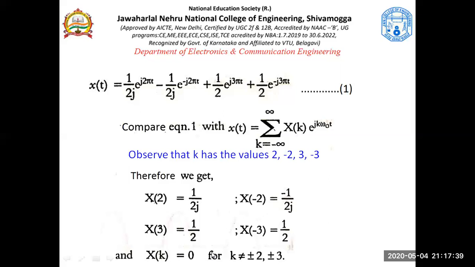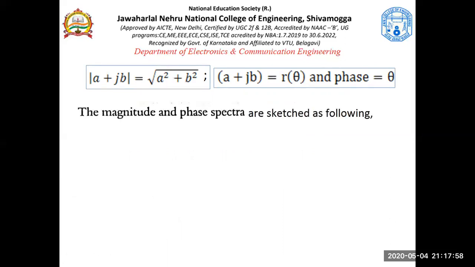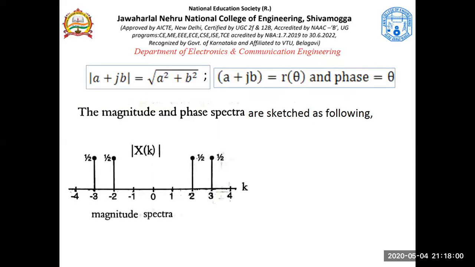Now how to plot this? Again, this is the magnitude and this is the phase information we are obtaining. So convert it into r theta form. R is your magnitude and theta is your phase, or you can do square root of a square plus b square to get your magnitude. Doing that, we have obtained our magnitude and phase spectra to be this. One thing that you should observe here is we have 4 components when we are going for magnitude.